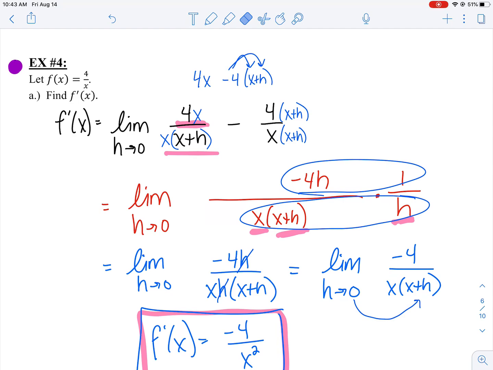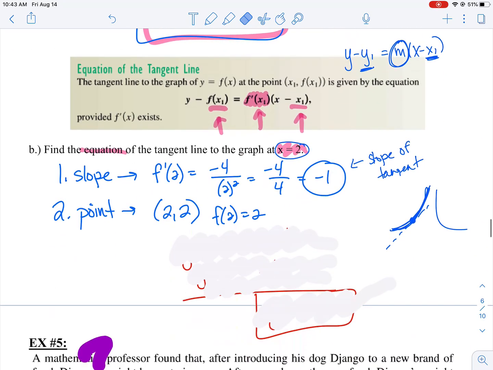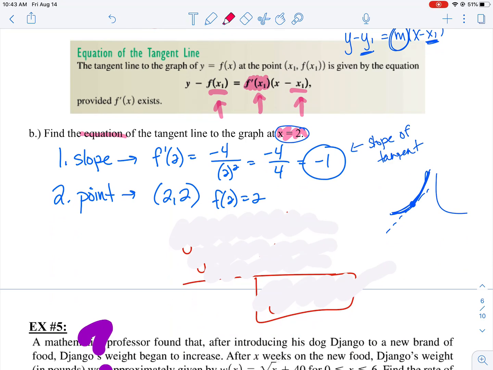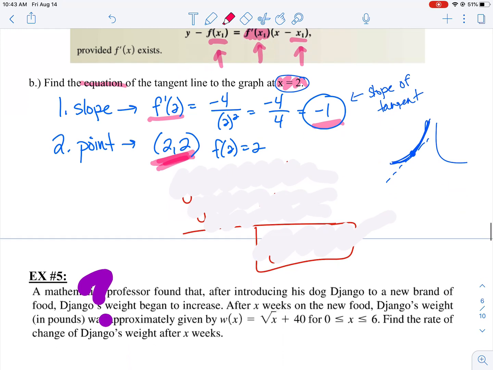So really, 4 divided by 2. 4 divided by 2 is 2, so the tangent line and the graph touch at that one point, (2, 2). So I have a slope and I have a point, and now I should be able to come up with the whole equation for this tangent line. When I wanted to find the slope, I plugged into the derivative, but when I want to find the point where it's at, I need to plug into my original equation. A little bit tricky. All right, let's finish it up.